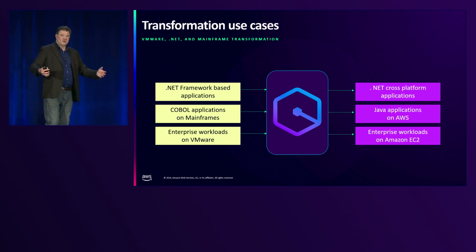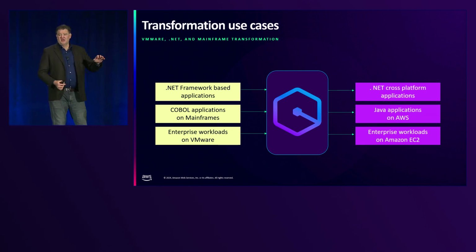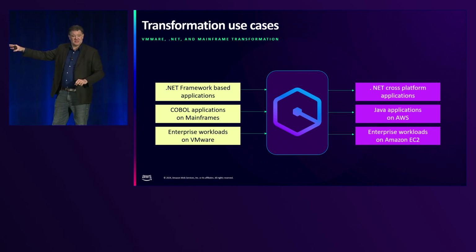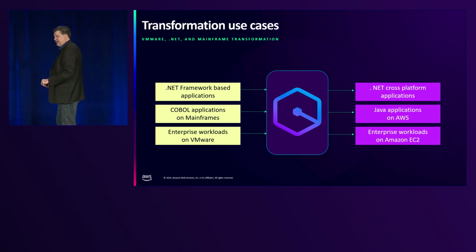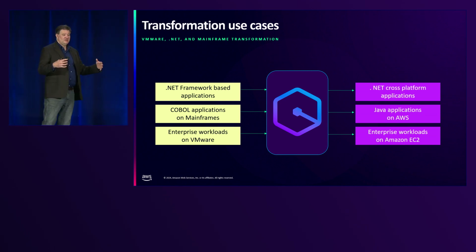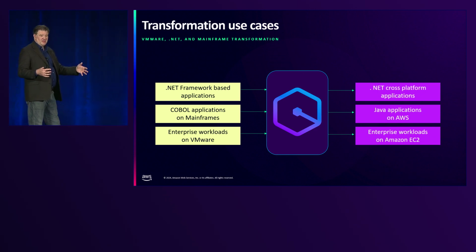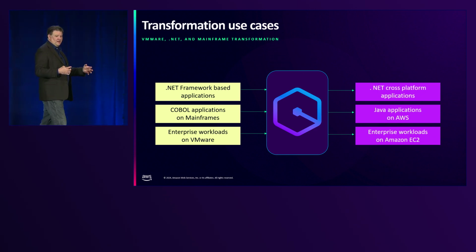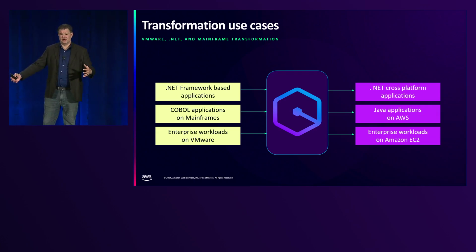And the third one, which is the one that we're talking about today, is VMware migration, moving from your data center running on VMware and moving to running on VPC on EC2. And all of these capabilities are now available within one single web application, where the Q Developer framework is driving that modernization process for you. And your team can collaborate in one space.